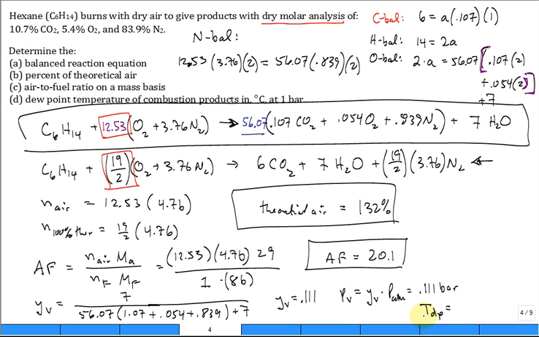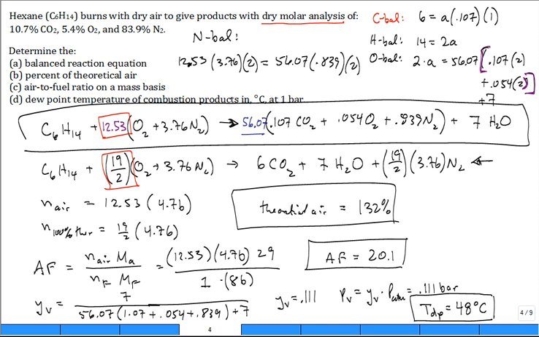It's around 48 degrees C. So around 48 degrees C. If the products go below that, you'll have water condensing. If the product temperature is above that, then all the water can be in the vapor state.